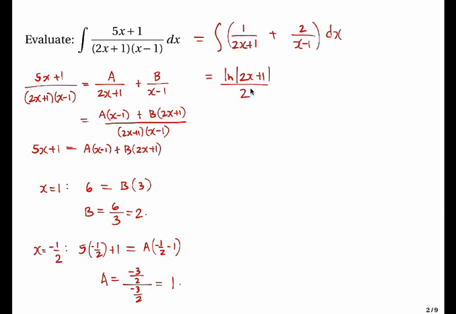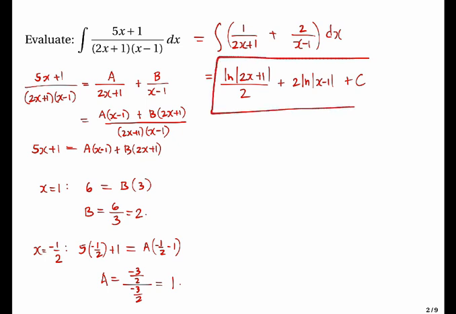That's where the over 2 comes from. And for the other term, we will have plus 2 ln absolute value of x minus 1, and then we have the plus C. So this is the final antiderivative of this expression. Okay?